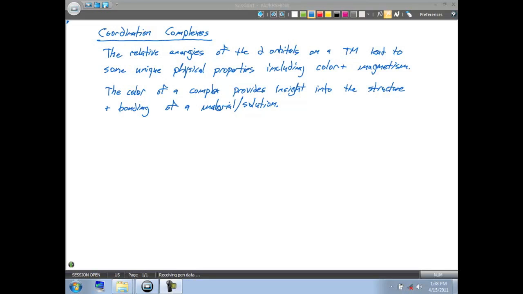So I introduced this unit as coordination complexes or transition metal complexes. So what we want to do is define what these coordination complexes are. So a coordination compound typically consists of a complex ion and counter ions.